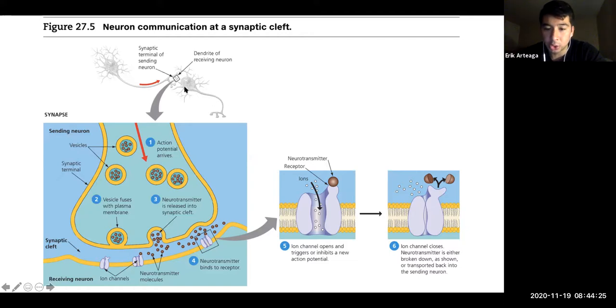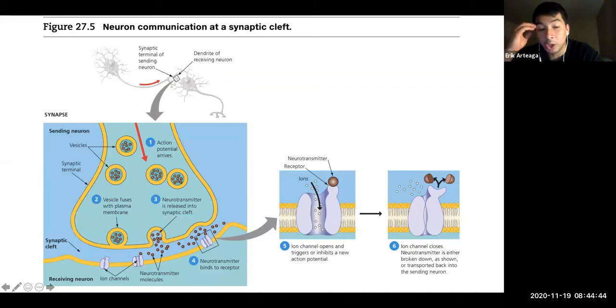And there's different thresholds, right? What that means is there needs to be a certain criteria that's met for the amount of signals, the amount of neurotransmitter that's being dumped onto this dendritic cell, or this neuron in the dendritic region. Okay, so there needs to be enough neurotransmitter.